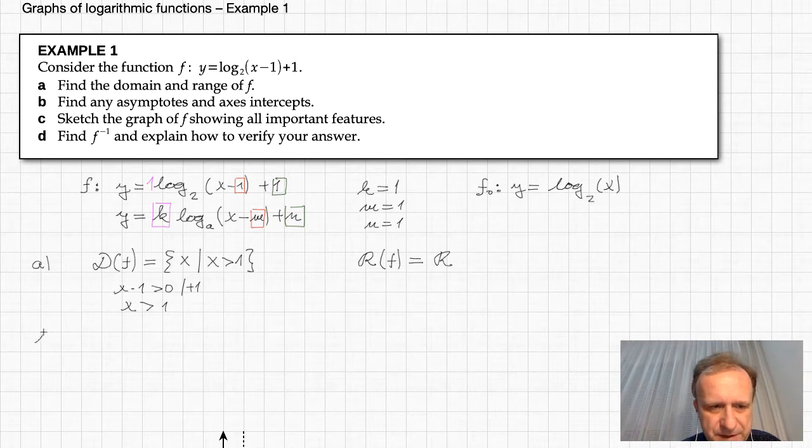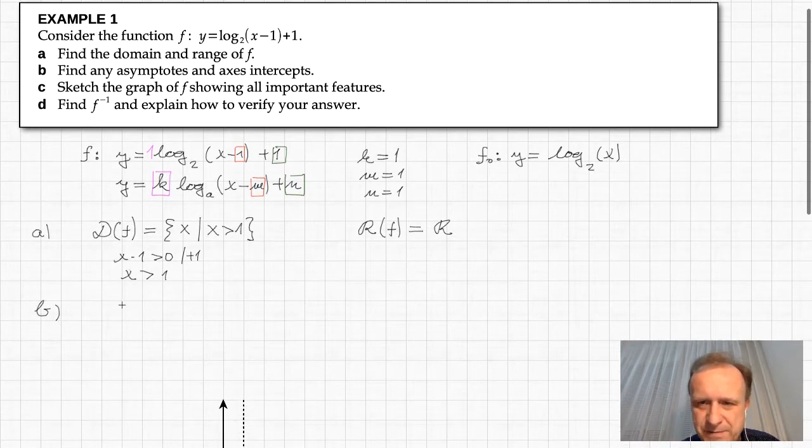Now, in part B, we are asked to find asymptotes and axis intercepts. So, as for the asymptotes, now you know that this simple logarithmic function had the asymptote x equals 0. So it approached this axis and never touched it, never crossed it. It was the vertical y-axis.